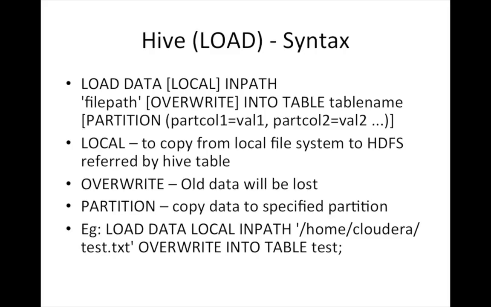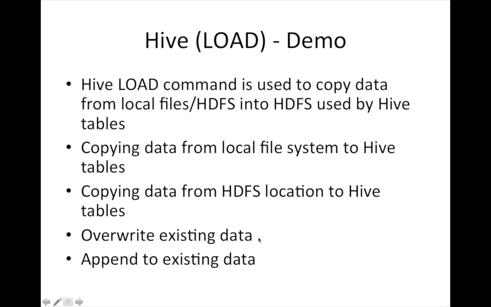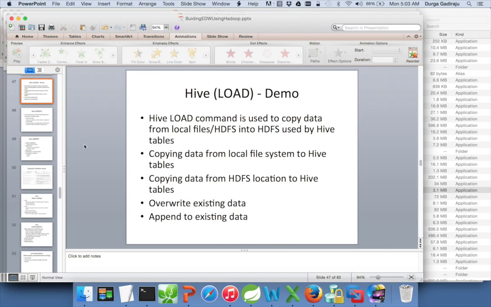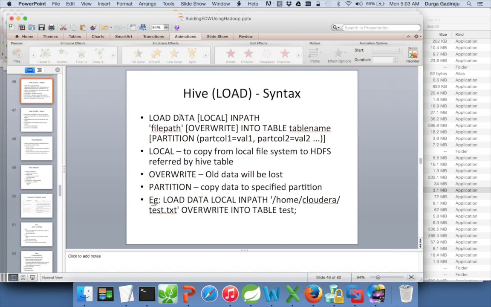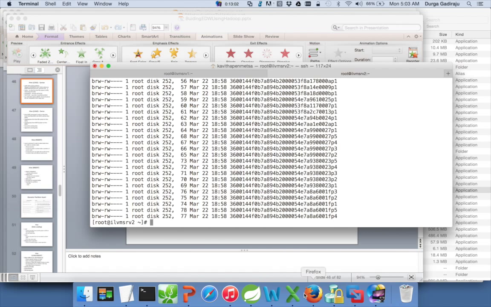It is used to copy from local file system, which is Linux file system, to HDFS pointed to by the Hive table, and overwrite means old data will be lost, and partition is to copy data into a partition. So let us try this. We will not be doing a demo in this video. We will take care of it in the next video, but let us see how this load command will work.